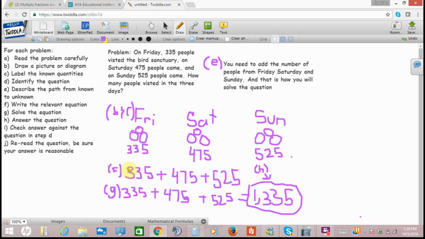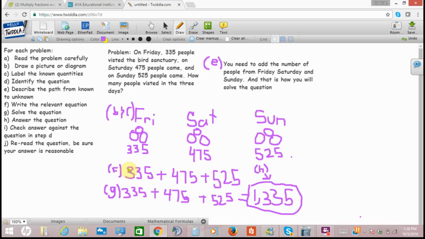So we can move on to the last step, which is reread the question. Be sure your answer is reasonable. So if you read the question again, which is on Friday, 335 people visited the bird sanctuary. On Saturday, 475 people came. And on Sunday, 525 people came. How many people visited in the 3 days?